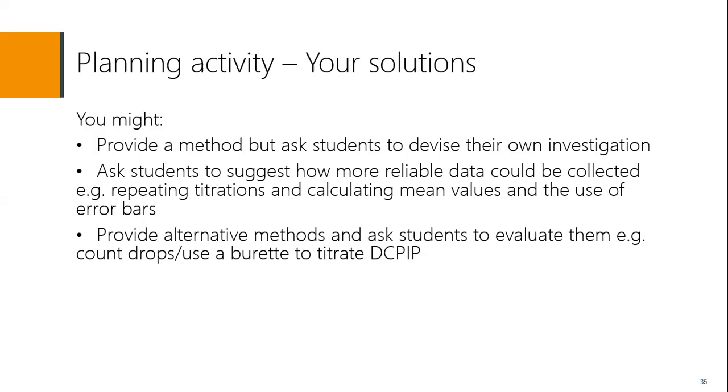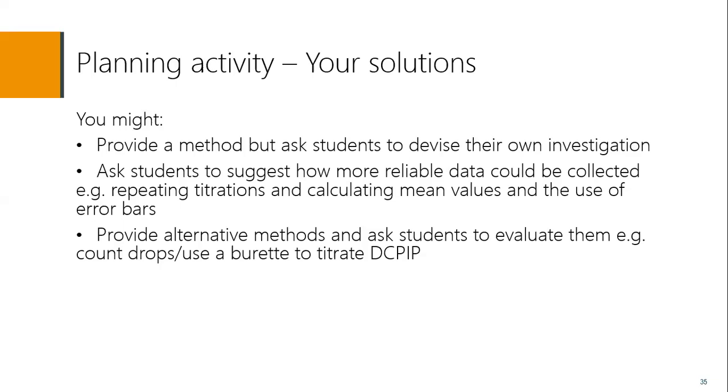So you might provide a method, but ask students to devise their own investigation. You might ask students how you can make their data more reliable, and hope they would come up with the suggestion of repeating titrations and calculating mean values and the use of error bars.